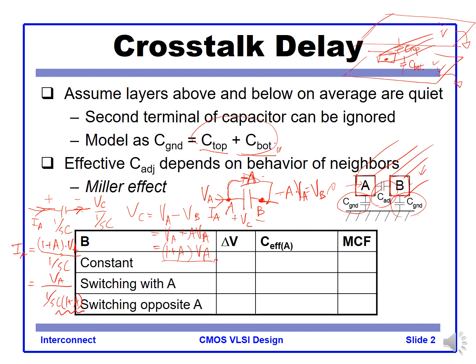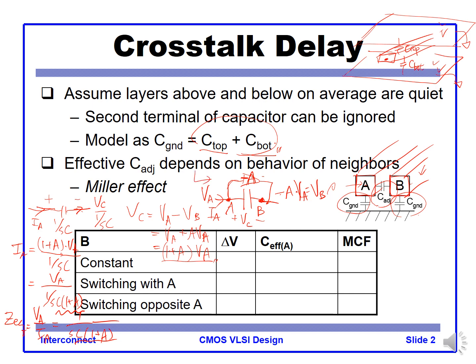So we know the equivalent impedance is VA over IA, which would be 1 over SC times 1 plus A, right? So it looks like the equivalent capacitance is amplified.